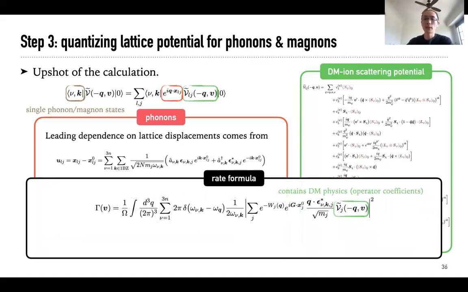So in the end, the rate formula will look like this. There are several important ingredients that are worth highlighting. The last factor here is where the dark matter coupling enters. This is essentially the same as the equation that you see on the background. These contain the operator coefficients, together with these ionic quantities, and those are target specific.